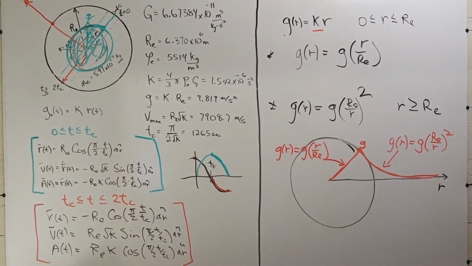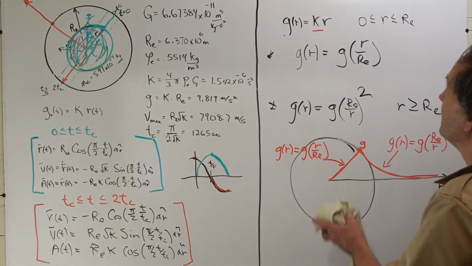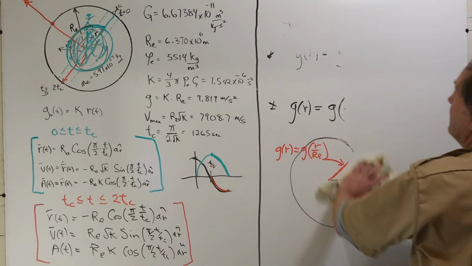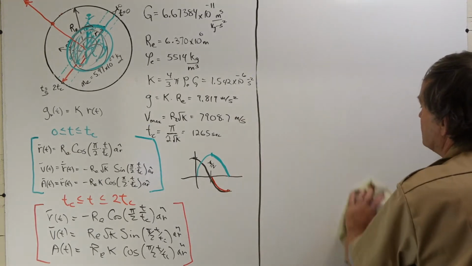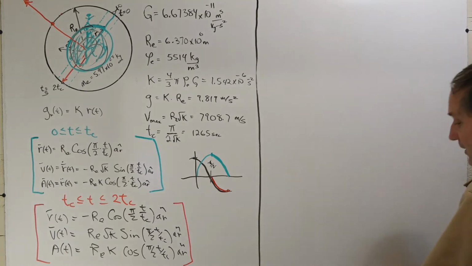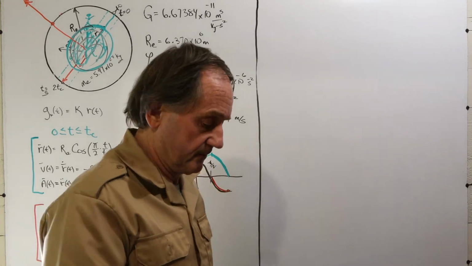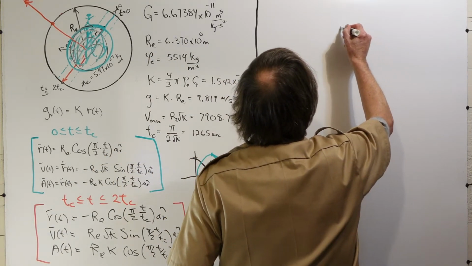Now, one last interesting thing I'm going to talk about here is what happens in the hollow Earth. If the Earth were hollow, it turns out that inside a hollow sphere, you do not feel any gravitational forces. And I'll give you a feel for why that is.